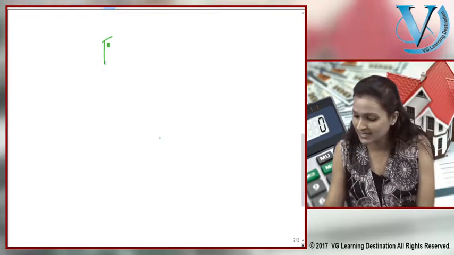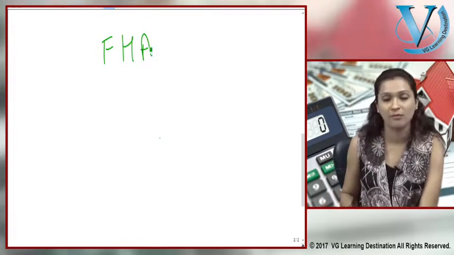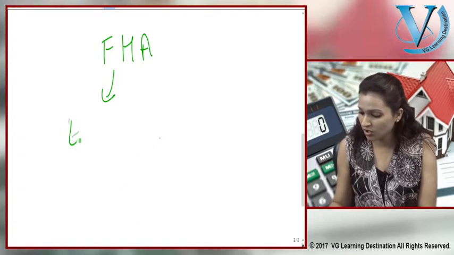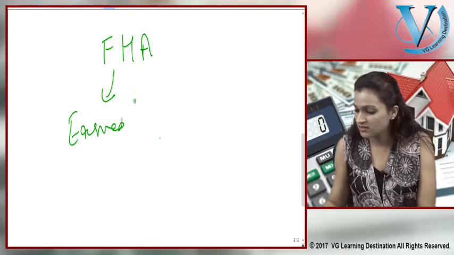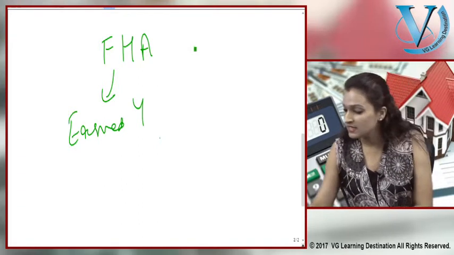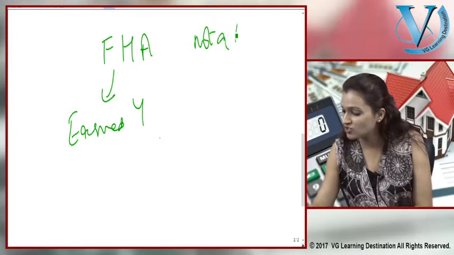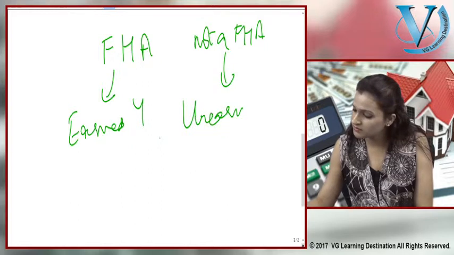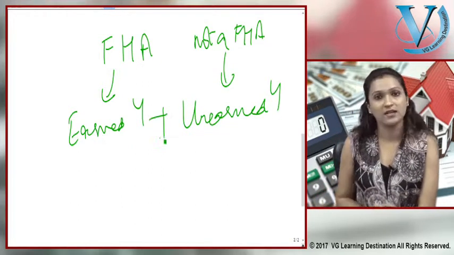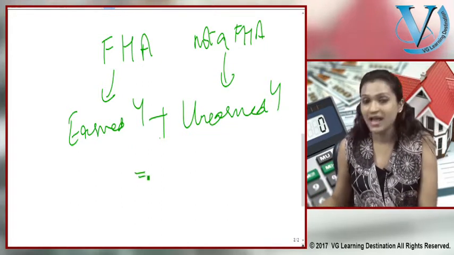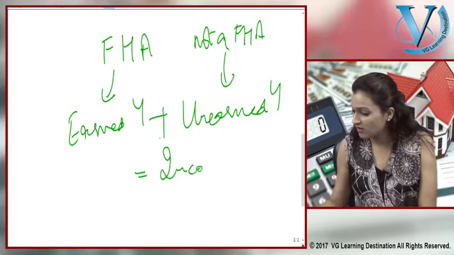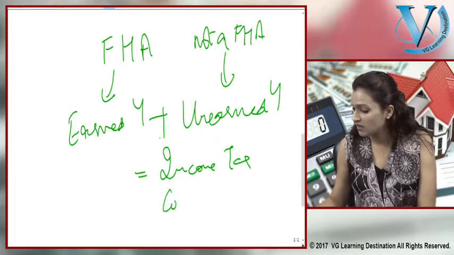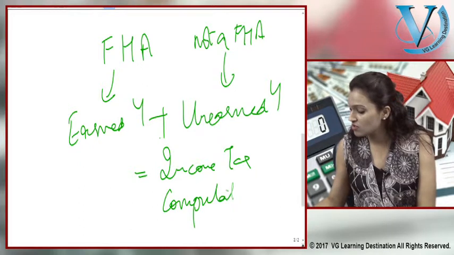Basically, if a property gets classified as a furnished holiday accommodation, it comes under your earned income. If the property gets classified as not a FHA, it forms part of your unearned income. Now both earned income as well as unearned income form part of your income tax computation.